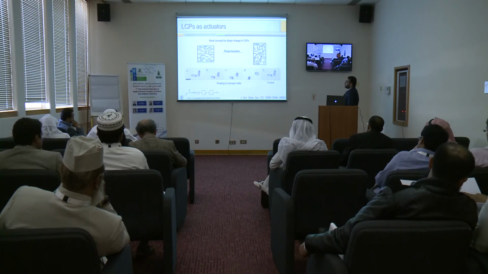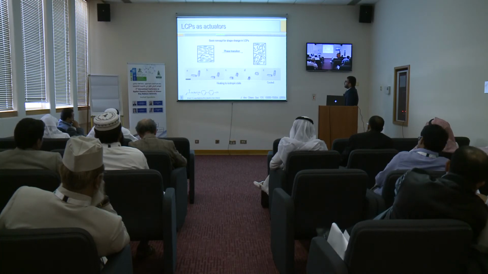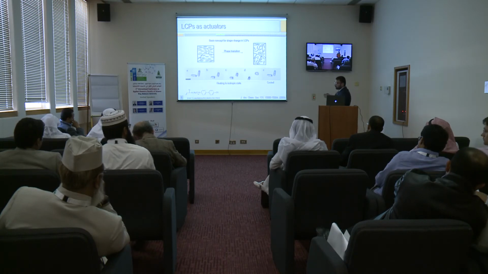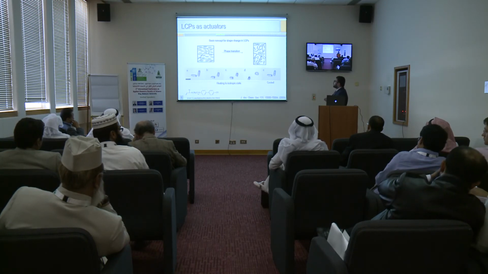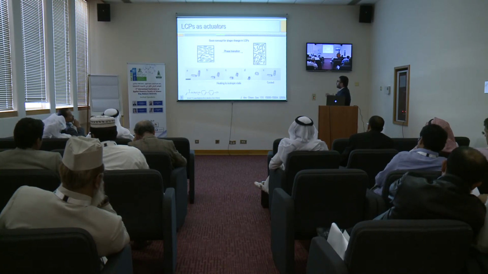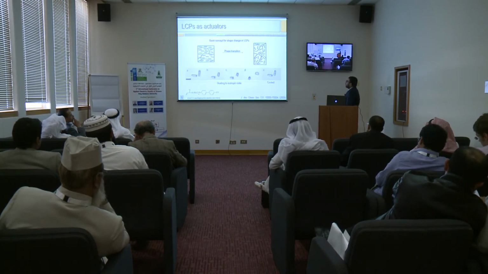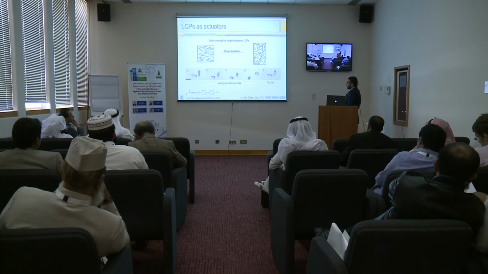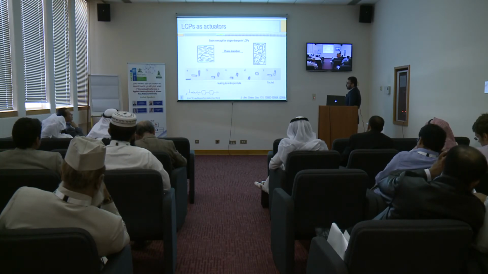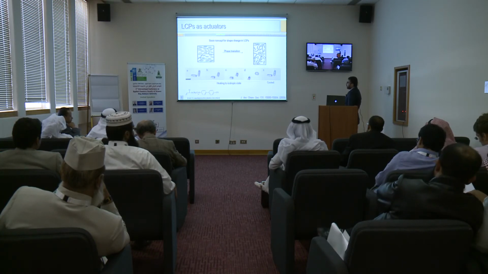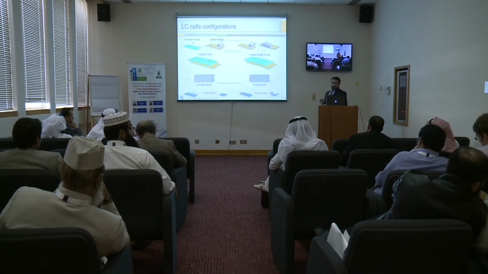Upon phase transition, these mesogens lose their orientation, and stress from the polymer chains is reduced, which causes the whole film to shrink along the nematic director while it expands perpendicular to the nematic director. We can see the real images of their experiment that upon heating, these films shrank along the nematic director and expanded perpendicular to it.